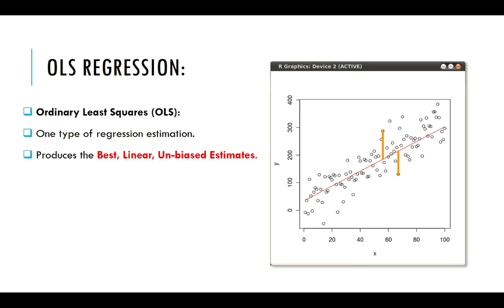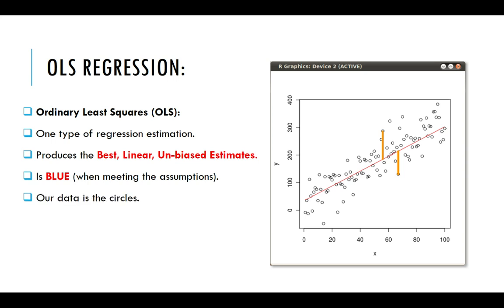We like ordinary least squares because it produces the best linear, unbiased estimates. In other words, it's BLUE, best linear unbiased estimates, when meeting a certain set of assumptions.